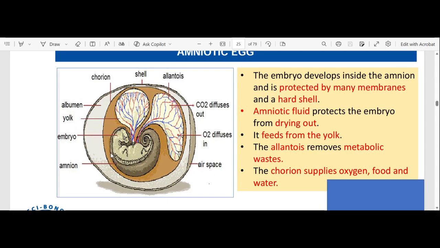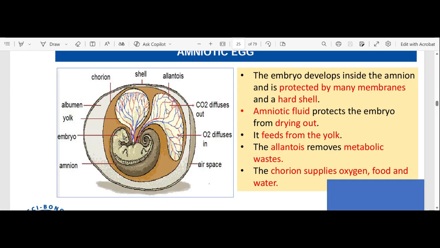And the second membrane here is the chorion. What's the function of the chorion? It is responsible for gaseous exchange. It allows oxygen to go into the embryo and carbon dioxide to come out of the embryo. Oxygen in, carbon dioxide out.